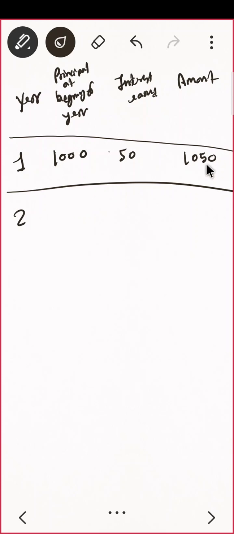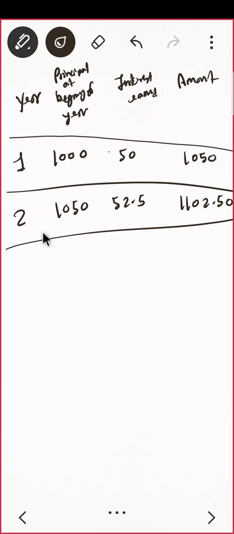In second year, this will be taken as the new amount. That is 1050 is my new amount, and the interest will be 5% on this now. So it will be 52.5. So now my new value will be 1102.50. This is my new one.